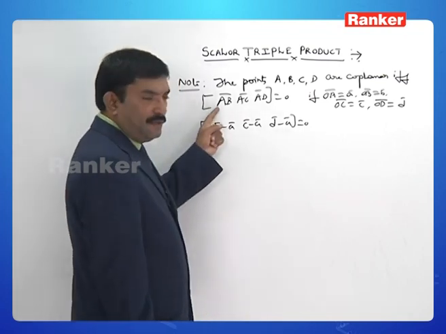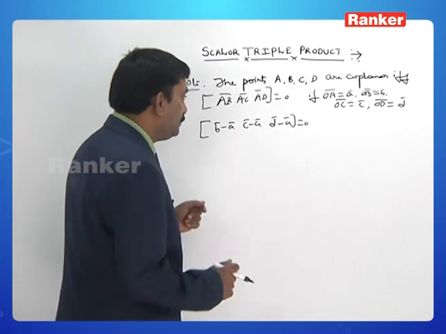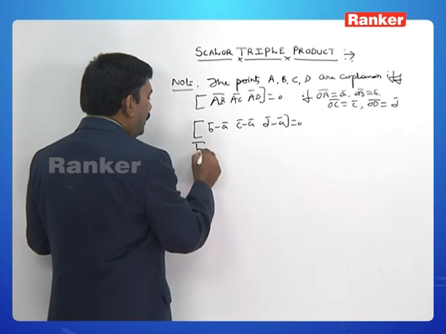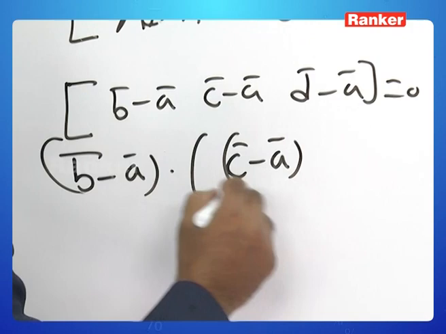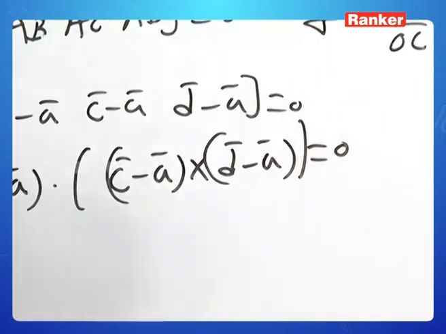This is one condition. We can also get another condition for it when points are given. Now by using scalar triple product, box product is nothing but (C bar minus A bar) cross (D bar minus A bar) is equal to 0, right?